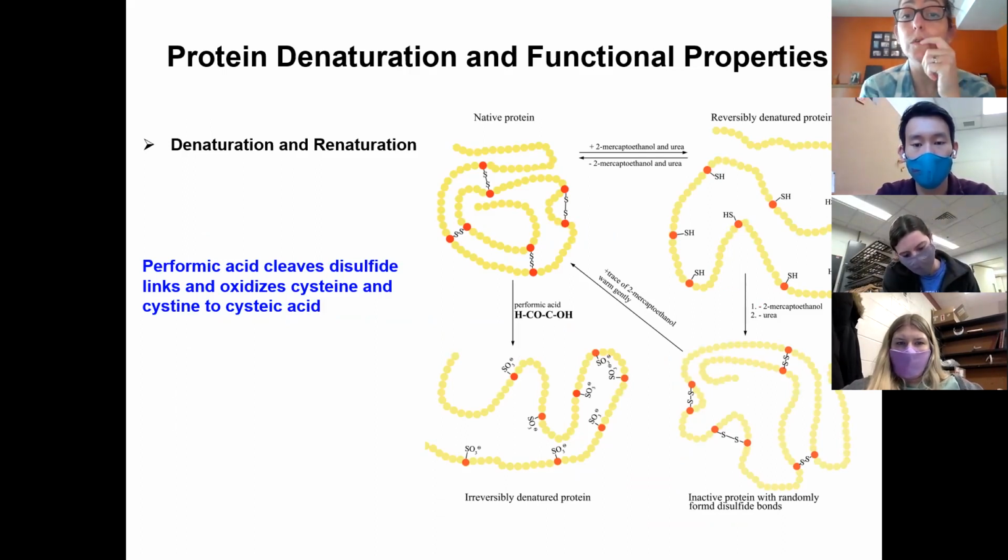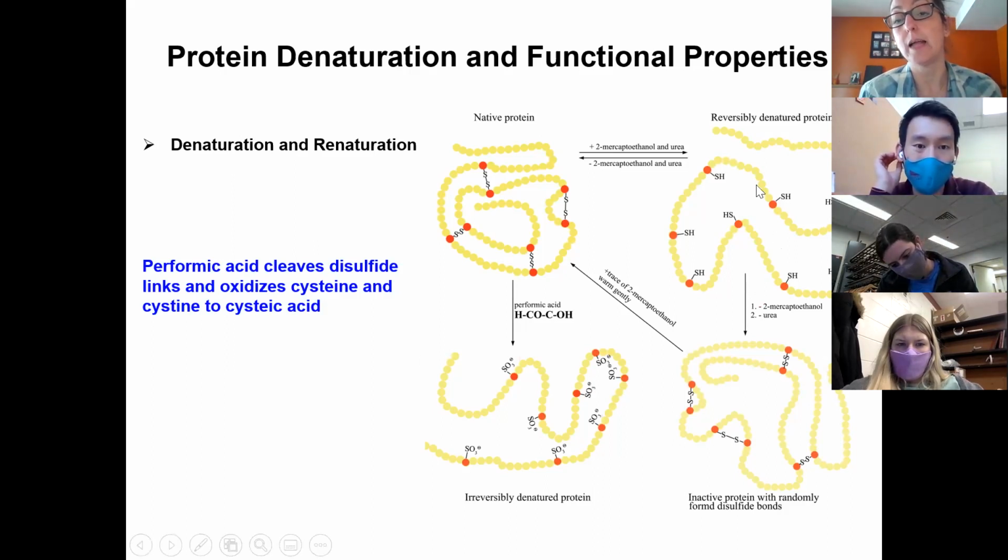But if you remove the denaturant, in this case beta-mercaptoethanol, a reducing agent, and urea, a detergent, then the protein may go back to its original structure. However, what this is showing you is that at different concentrations, you can get different results, especially with reducing agents.